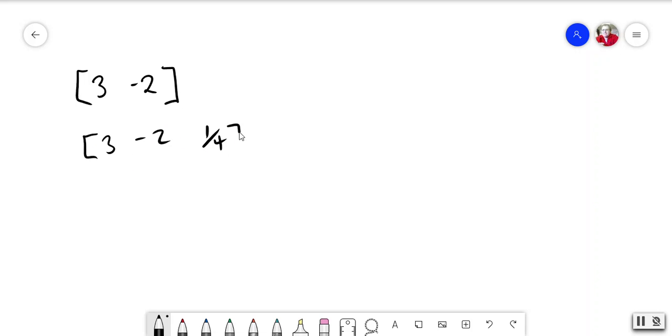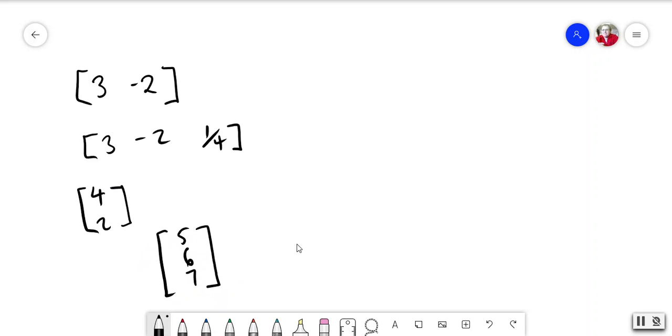You could actually have fractions too. Fractions are your friends, you know. And you could have different numbers of rows. The more interesting matrices usually have more than one of each.